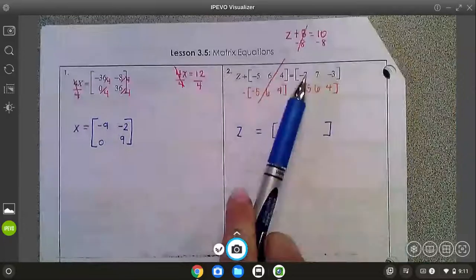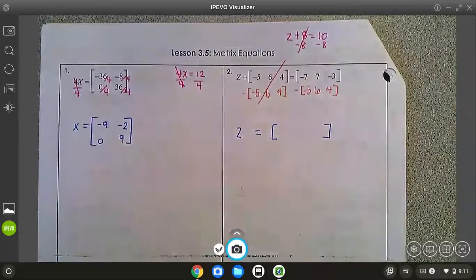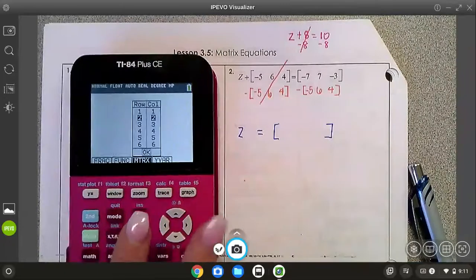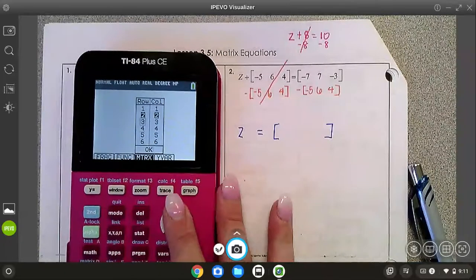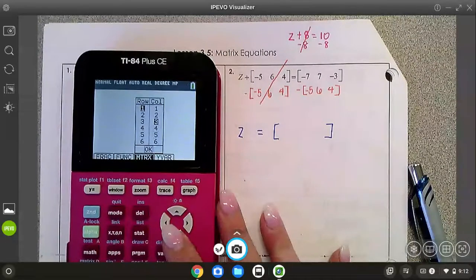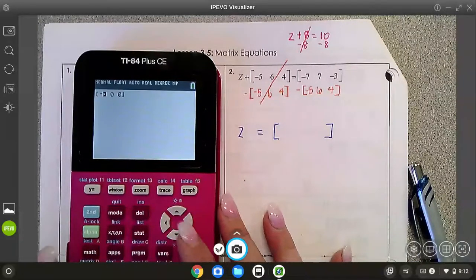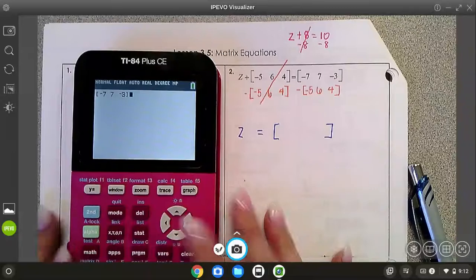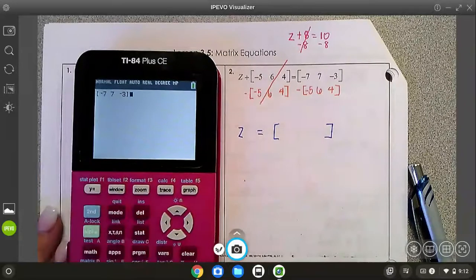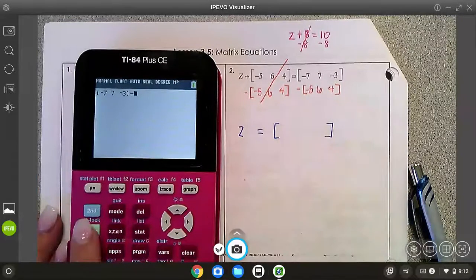Now remember, you can subtract matrices in your calculator. I have a 1 by 3. So I typed in my first one minus this one.